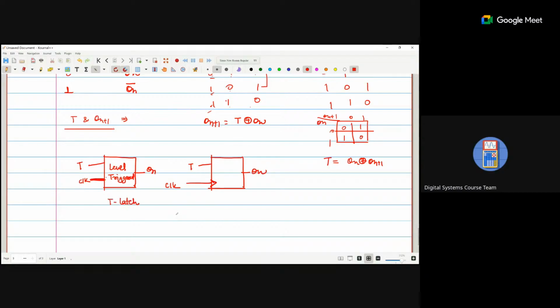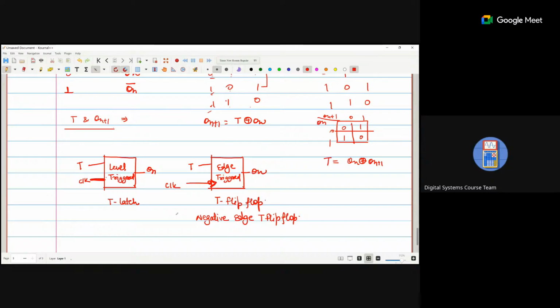Okay, and this type of circuit is basically the edge trigger, so this one is the T flip flop. Along with that, if we use one bubble, it is called the negative edge T flip flop.